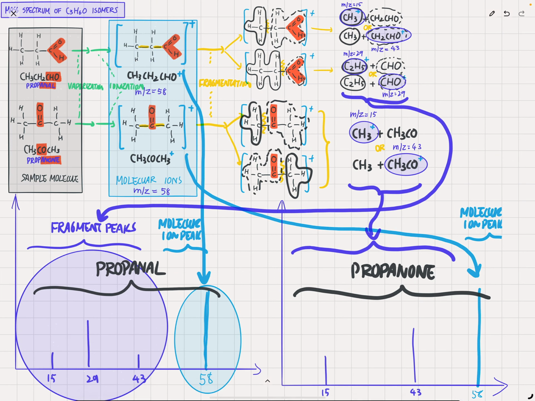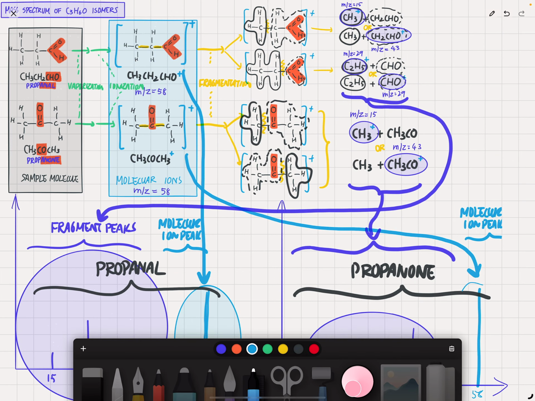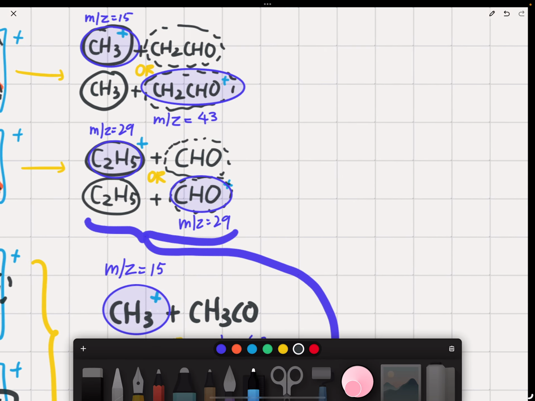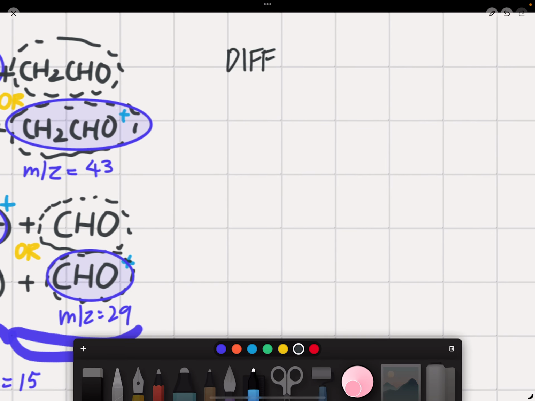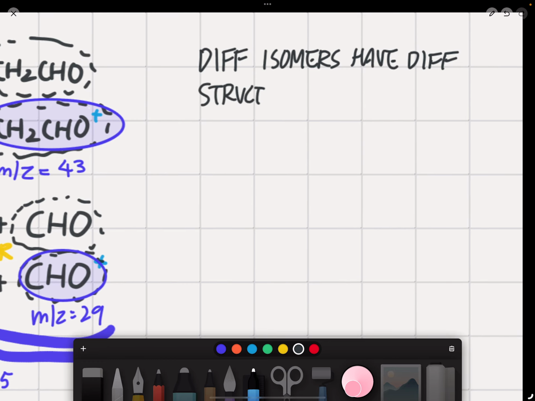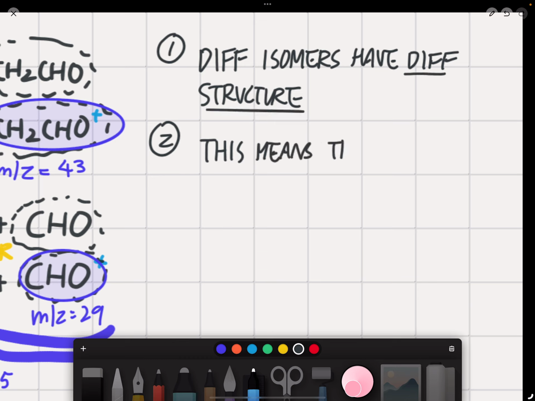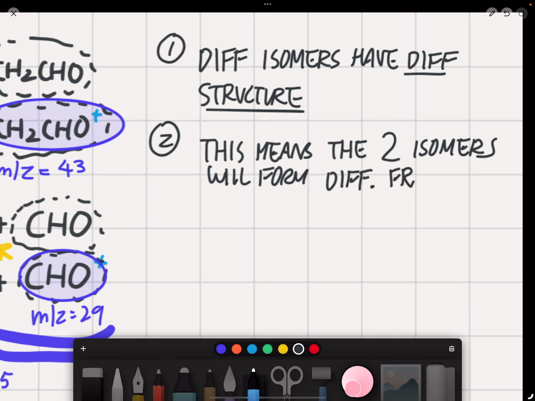Let me summarize what we saw in the top right hand corner. Different isomers have different structures, of course. This means that because of the difference in structure, the 2 isomers will form different fragments in fragmentation.